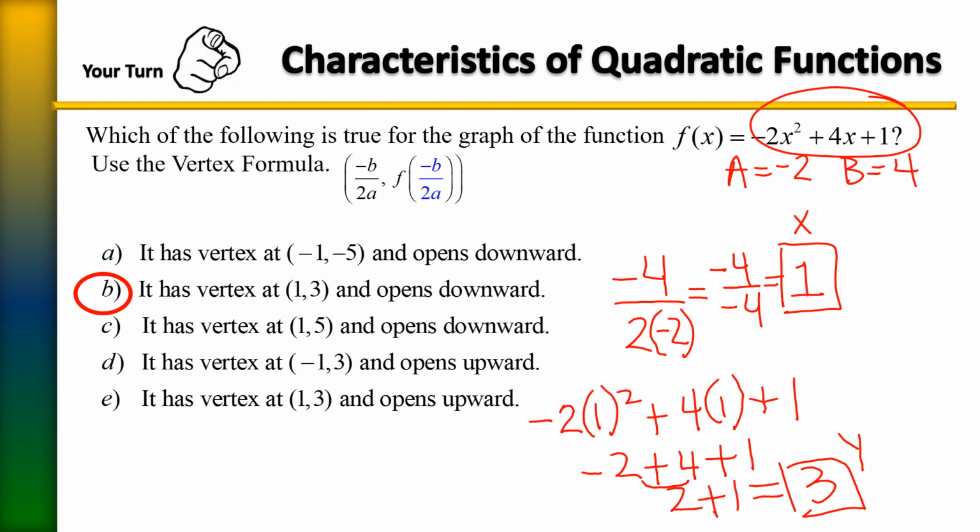And the fact that the coefficient of our squared term, and in fact, let me use a different color here, because it's a negative, this is a parabola that is going to open downward. And that is choice B. Okay, good job.